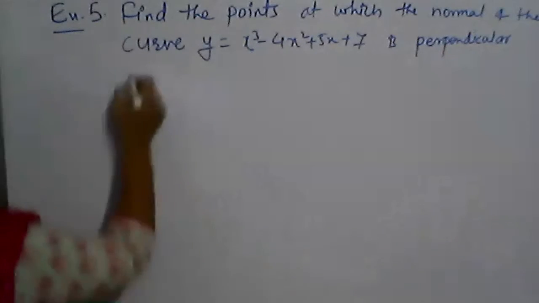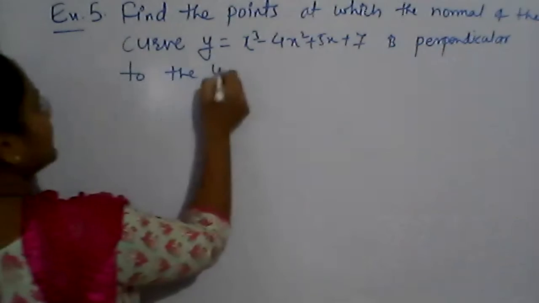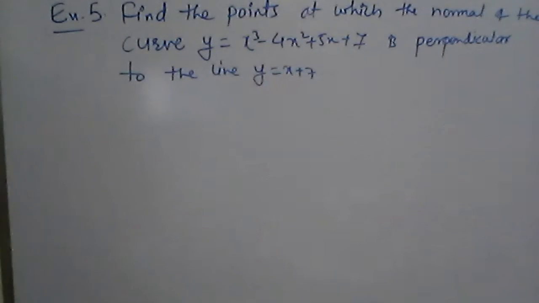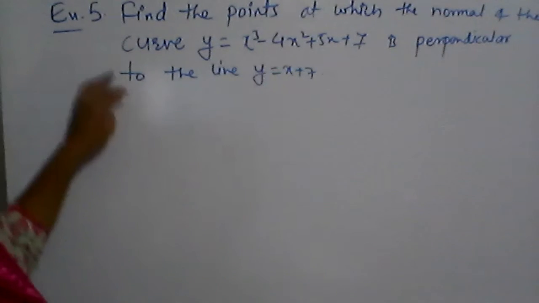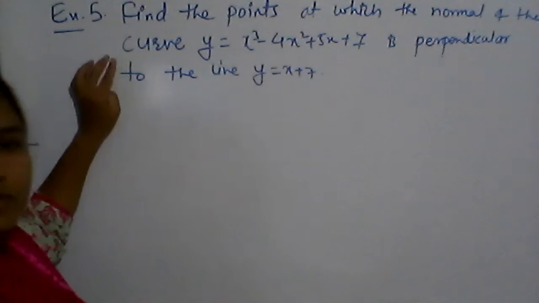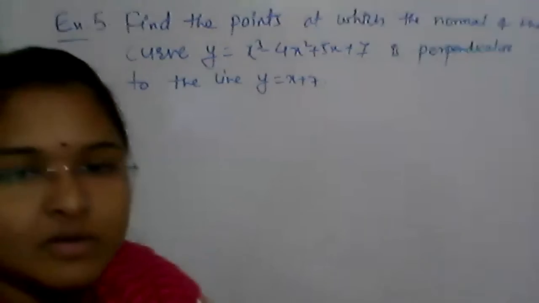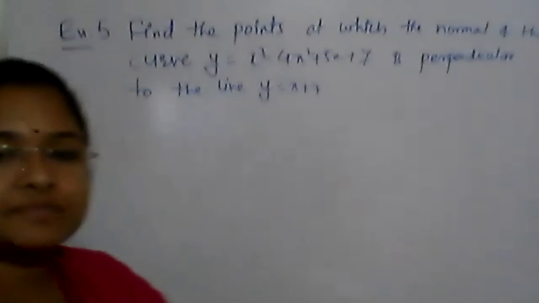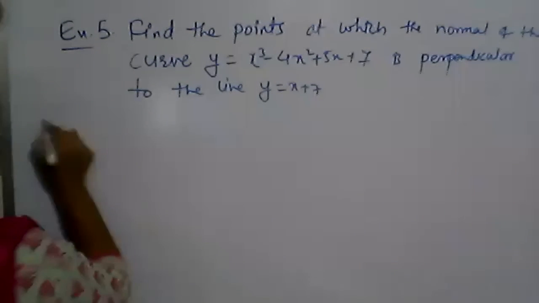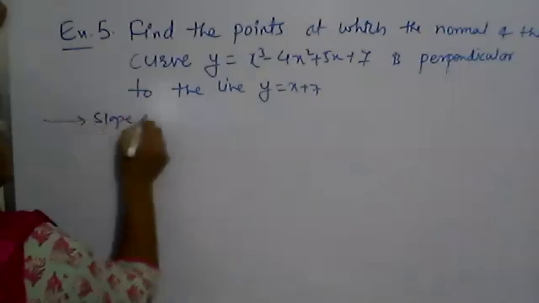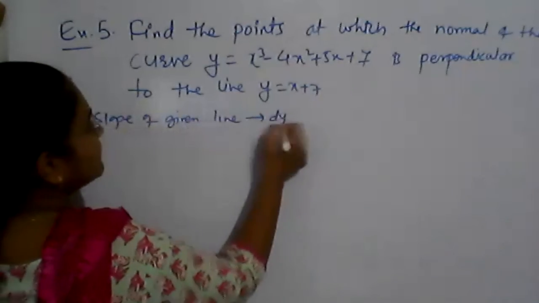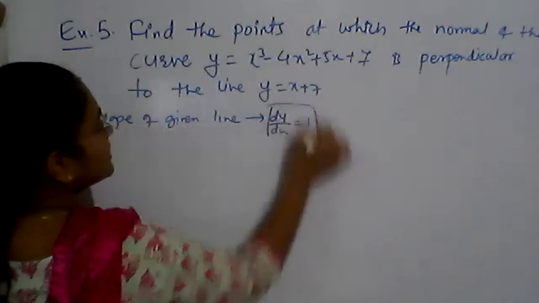Is parallel to the line y equals to x plus 7. Okay. How will you solve this? First we'll find the slope of this line. Slope of given line, dy by dx, equals to 1.